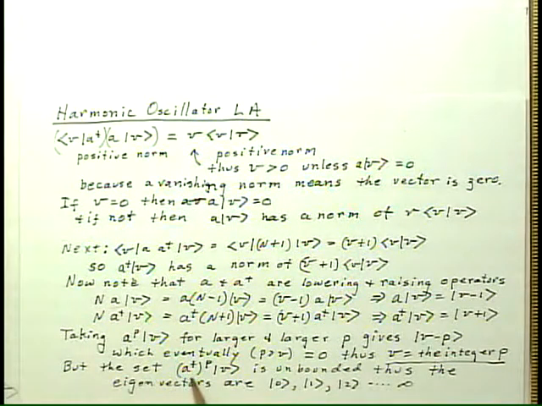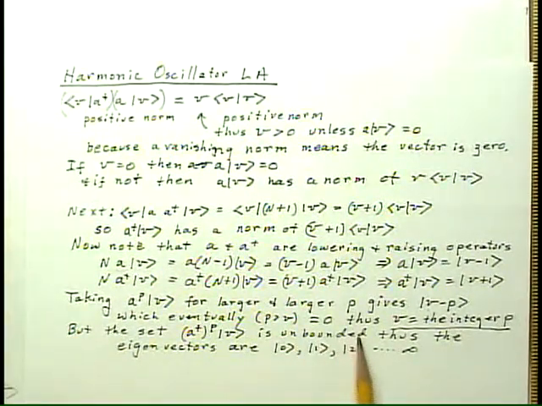But the set A dagger to the P is unbounded. Thus the eigenvalues are 0, 1, 2, all the way up to infinity as I go in the other direction, from nu equal to 0 to nu equal to 1, 2, 3, 4, 5, all the way to infinity.